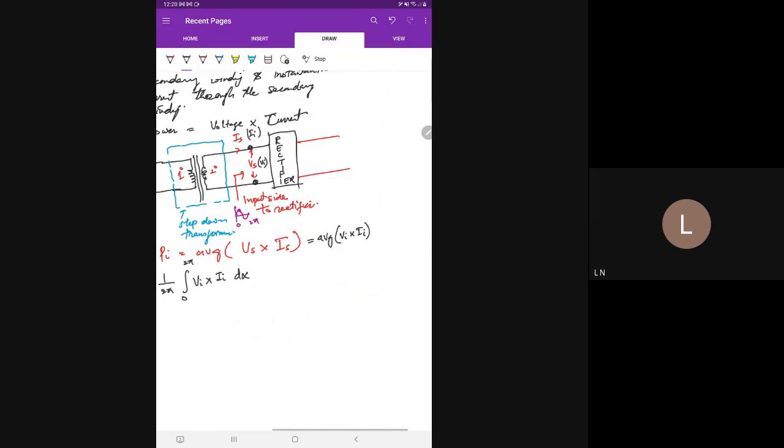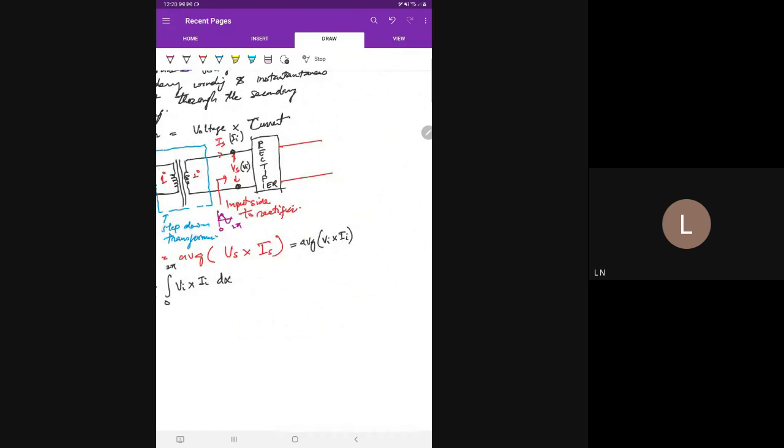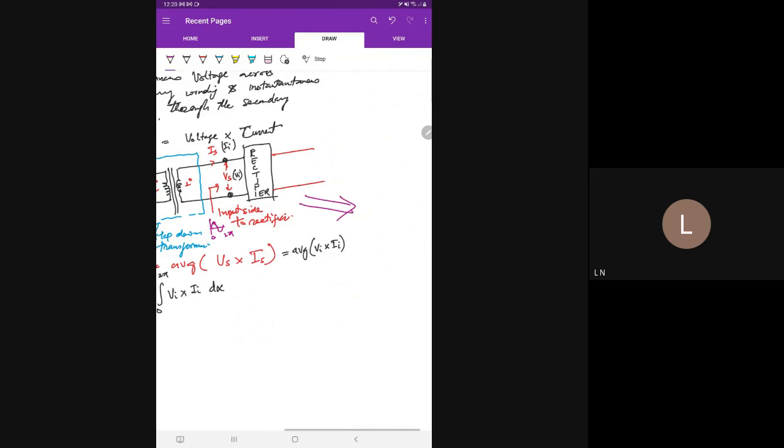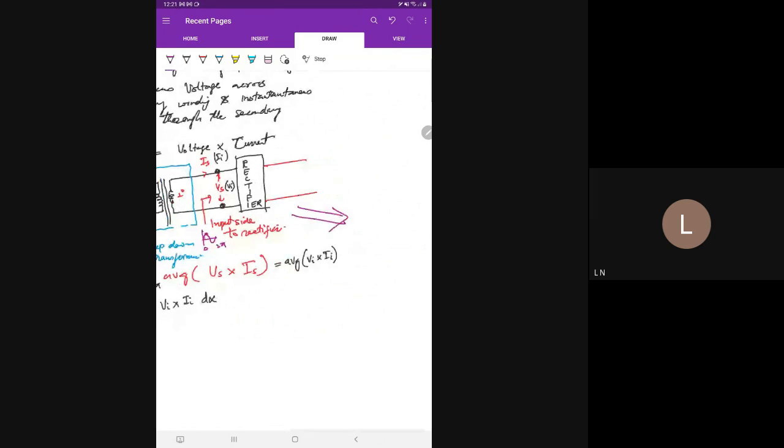Now see, if we expand this transformer circuit, we can simplify this rectifier circuit, basically the half-wave rectifier circuit, and this transformer. The secondary of the transformer, the circuit is for a half-wave rectifier.